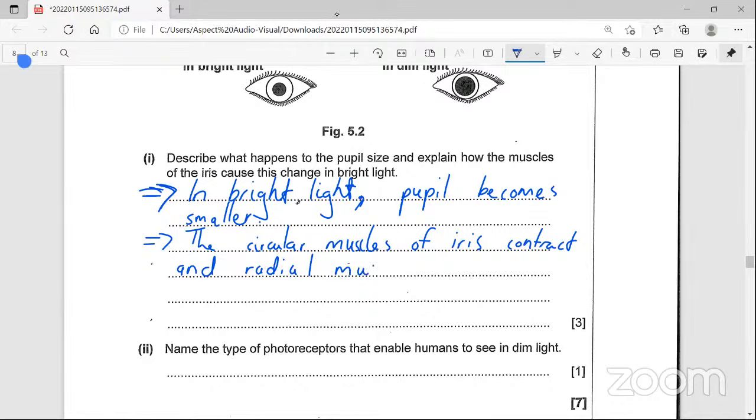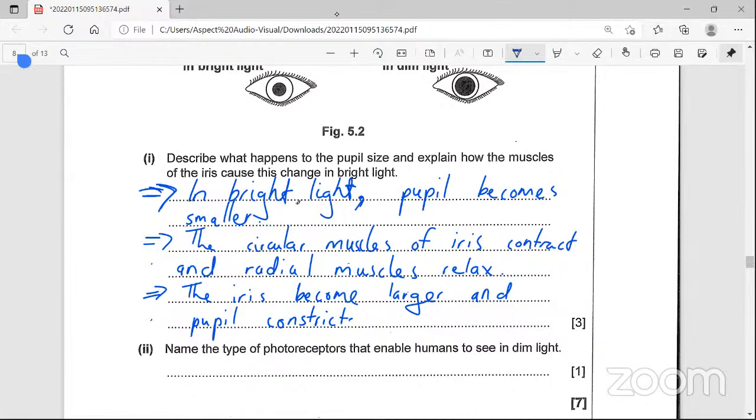And the iris becomes larger and the pupil constricts. The iris becomes larger, and the pupil constricts. Okay, so that's how you answer it.